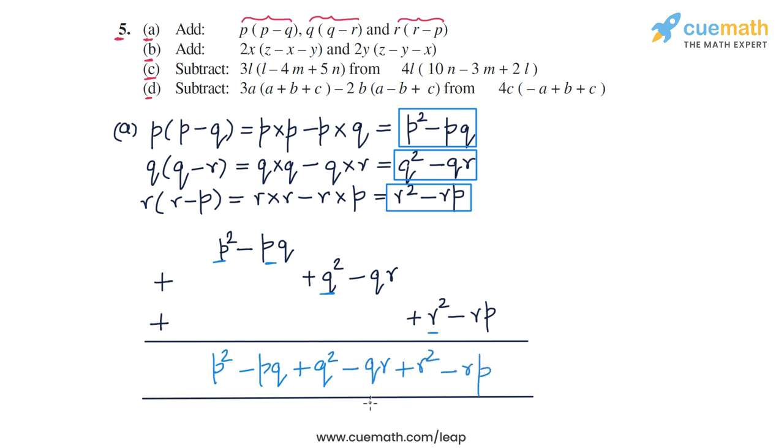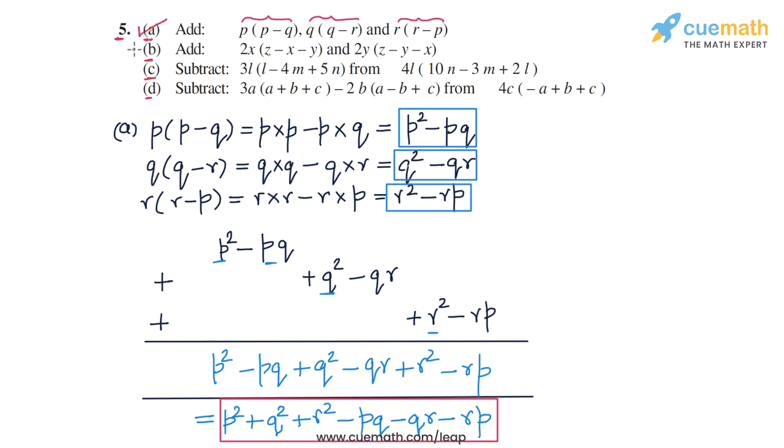To write this answer, we can write the square terms first and then the other terms. So we can write this sum as P square plus Q square plus R square minus PQ minus QR minus RP. This expression that we obtained is the answer for the first part, part A.